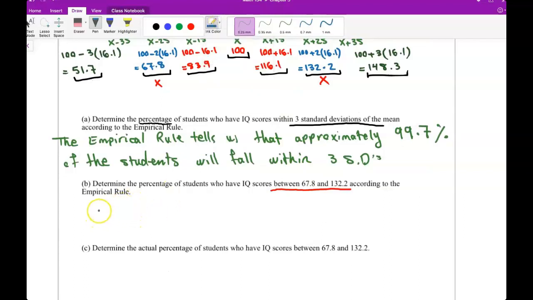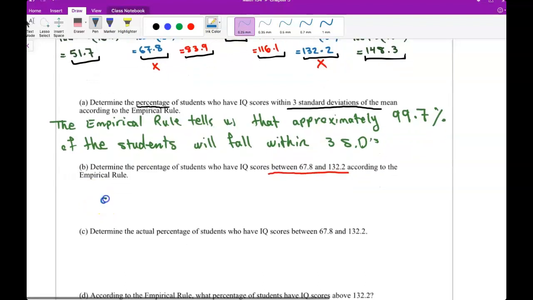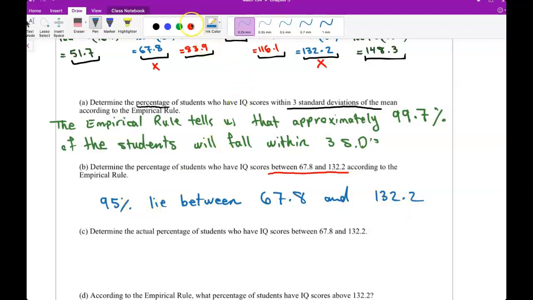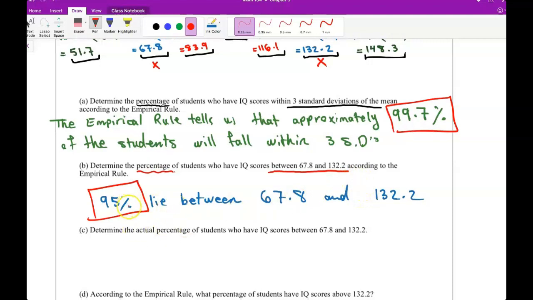So the answer is 95% for this part. So 95% lie between these 2 numbers. So this is the final answer for part B.